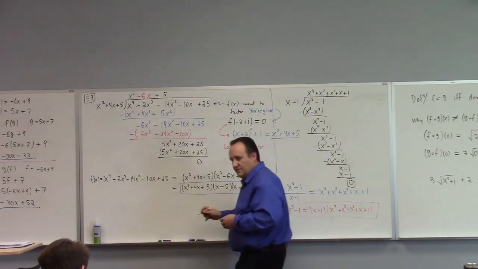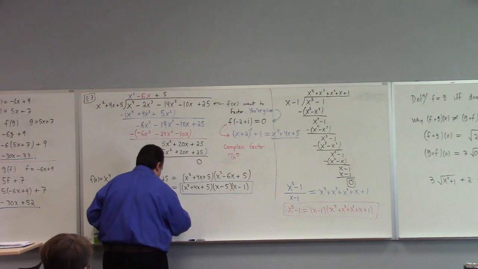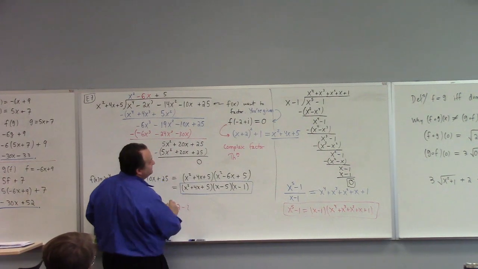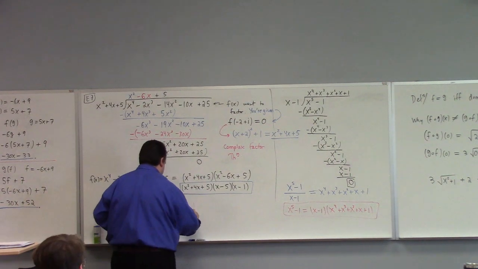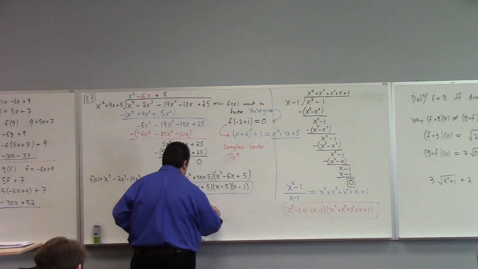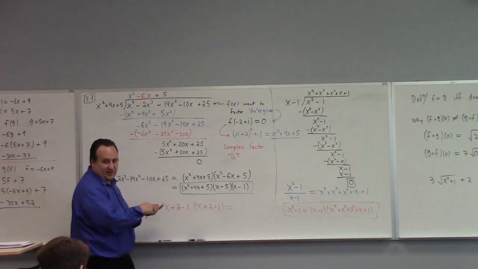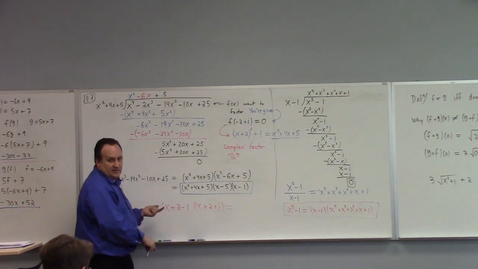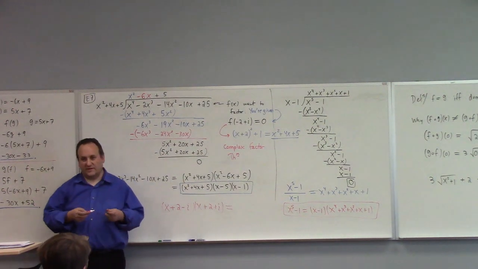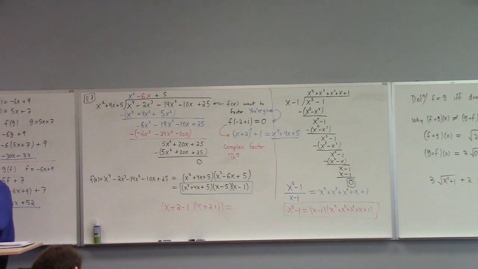The derivation of it was this. You've got x plus 2 minus i times x plus 2 plus i, because they come in conjugate pairs, and if you multiply that out, it works out to x plus 2 squared plus 1. But again, we worked it out before.